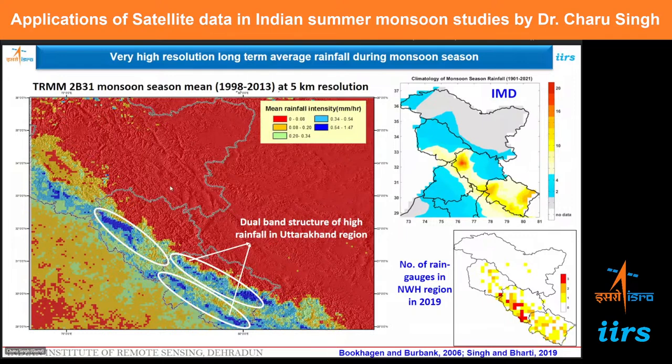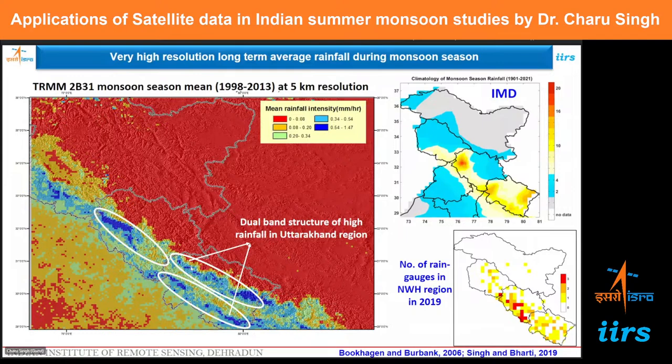If we compare this rainfall structure with the elevation of this region, we have also noted that in Uttarakhand, the places where higher monsoon rainfall is reported are below 2 kilometer elevation, or 2000 meters, where we receive a very high amount of rainfall.